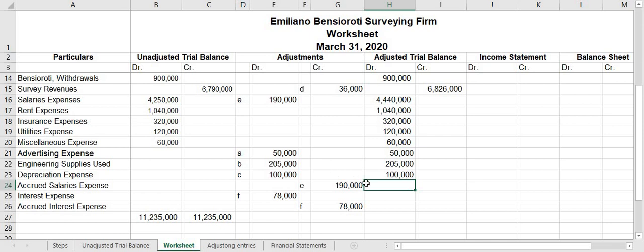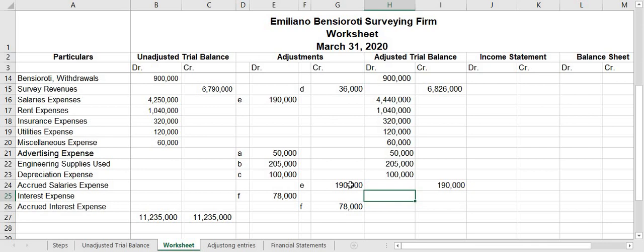Your accrued salaries expense naman, a liability account na walang unadjusted balance. Kaya yung adjustment niya, copy mo lang sa adjusted trial balance, particularly in the credit column.